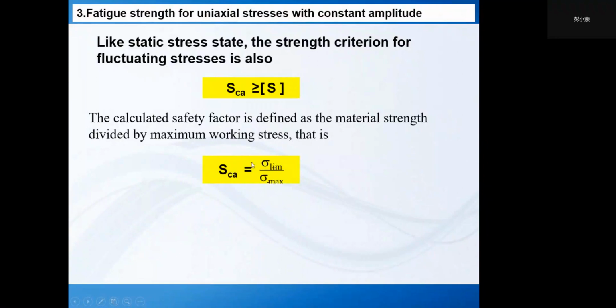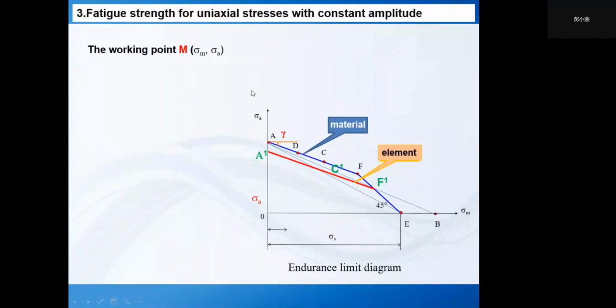Okay, this is for the fluctuating stresses. Then we have the working point M, and the coordinate of point M is sigma M, sigma A, okay?